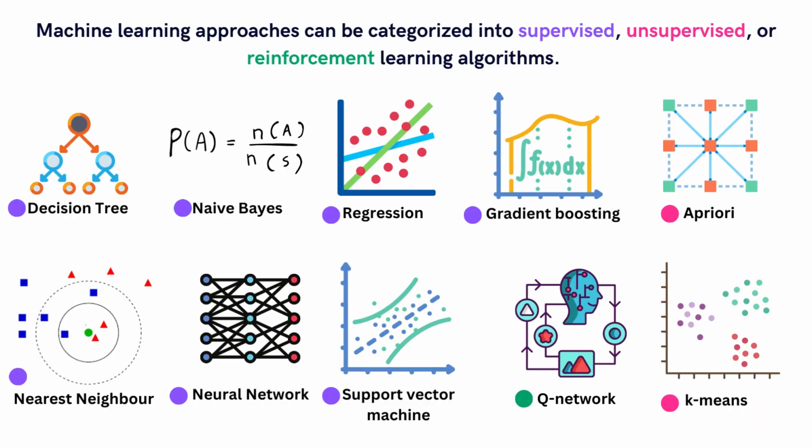Just now, you have looked at examples of algorithms. Here, let us look at the categories of the algorithms according to their machine learning approach. Basically, machine learning approaches can be categorized into supervised, unsupervised, and reinforcement learning. The differences are typically based on how the model learns or is trained on the data.